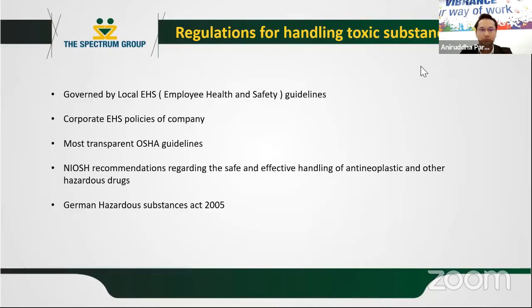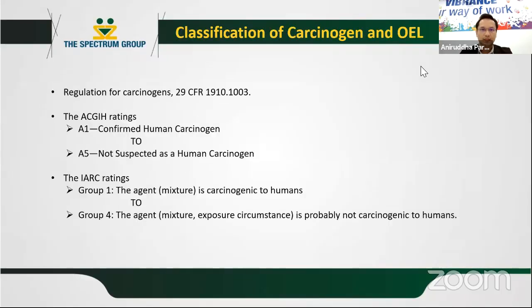Then the OSHA guidelines come into the picture, NIOSH recommendations on safe and effective handling of anti-neoplastic and other hazardous drugs, and the German Hazardous Substances Act 2005. Then there are different classifications of carcinogens and various OELs, with different regulations on carcinogens. There are the ACGIH ratings from A1 to A5 and the IARC ratings. So there are different ratings and category groups used to classify these drugs.